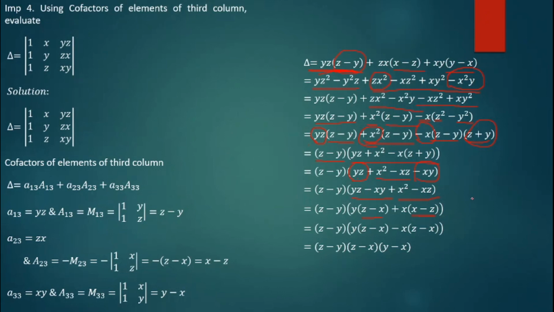I made it z minus z plus x, and I took minus out. So what happened? z minus x. When this minus came out, this plus x became minus x. So within the bracket I have z minus x. So here again I can take z minus x common. I took it. So what is remaining? y minus x. So here I got the factors.